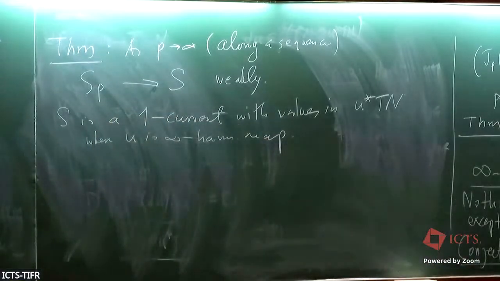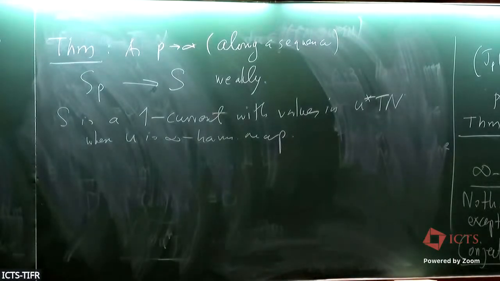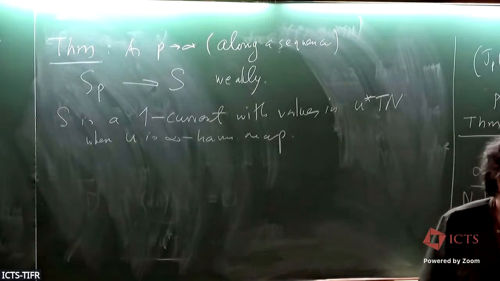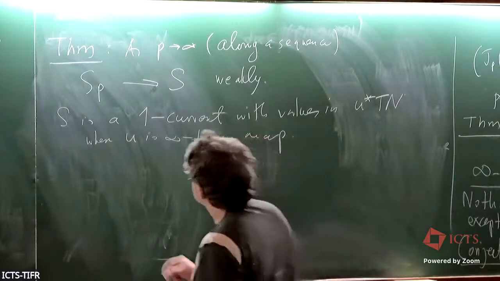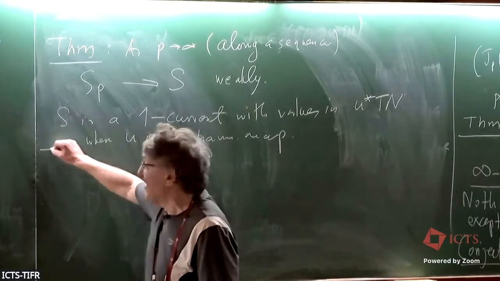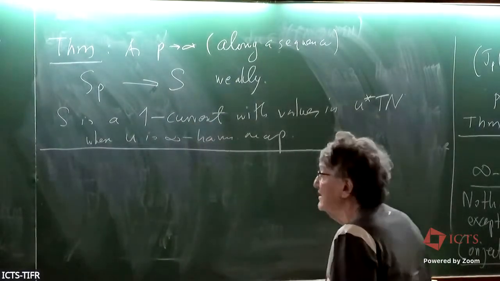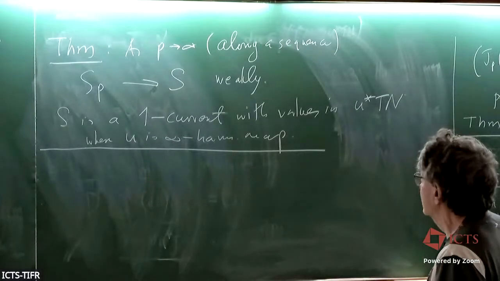Okay. Again, I'm almost out of time, but I haven't told you the most interesting part, how we relate to Thurston. Let me spend 5 minutes to tell you this.